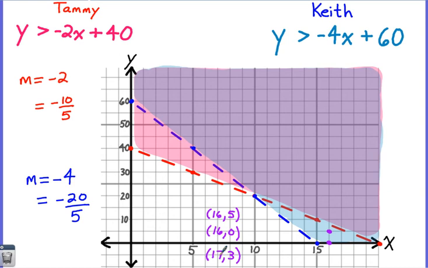If Keith did 17 mowings and 3 rakings, that's right about there. That combination would work for Keith, but not for Tammy, because this point lives on Keith's graph but not on Tammy's graph. Hopefully that is extra clear.